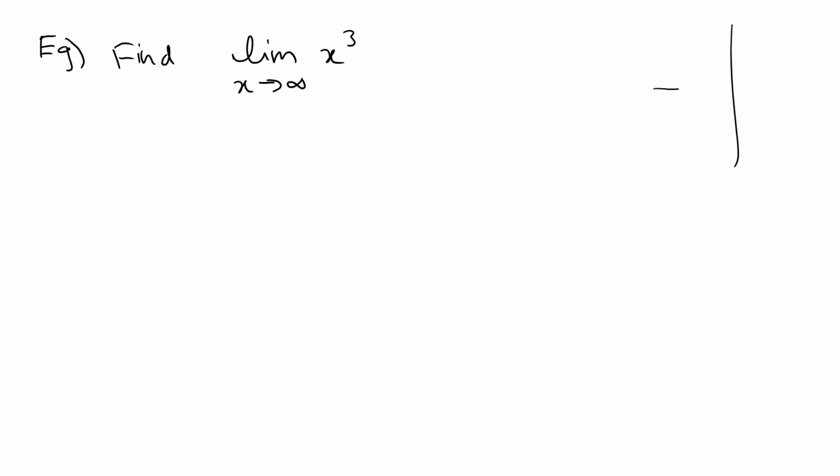It will be very clear. You know that the graph of x cubed looks like that, passing through 0. You can see clearly when x goes to positive infinity, y also goes to positive infinity. It's just x cubed, so when x increases, x cubed increases.